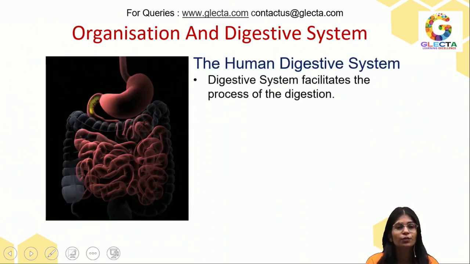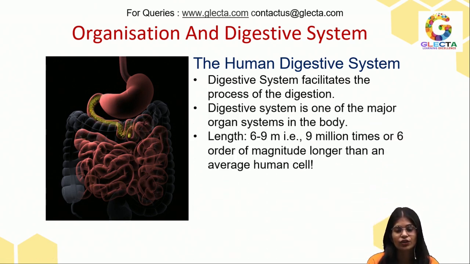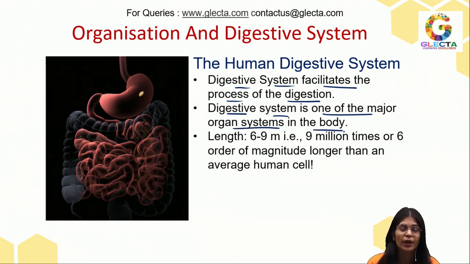Coming to the human digestive system, in the GIF you can see what actually happens, and we're going to talk about each one of these steps in detail. So digestive systems facilitate the process of digestion. Digestive system is one of the major organ systems in the body. Why would we call that? Because there are lots of organs involved, coming from mouth to esophagus to stomach.